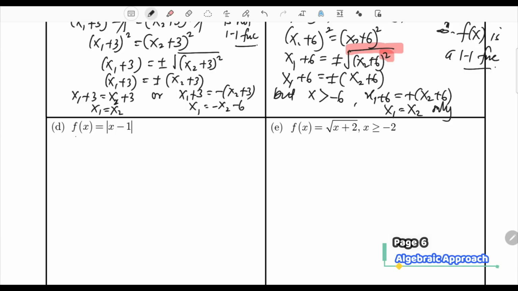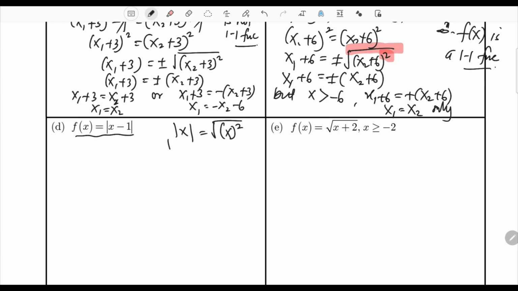Okay, look at D. So we have f(x) equal to modulus of x minus 1. So by definition of modulus, we know that modulus x is square root of x squared. So similarly, modulus of x minus 1 will be square root of x minus 1 squared. Alright. So let x1, x2 elements of the domain of f.